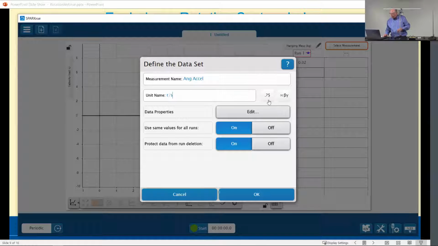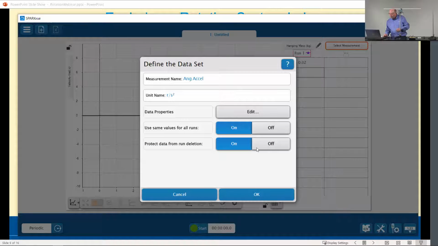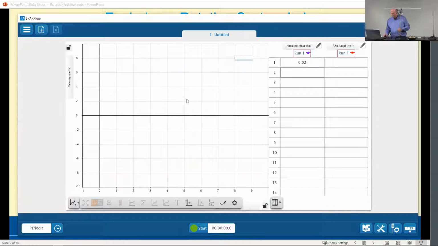And this is something I learned just recently. Over here, if I want to put squared, I select the little Greek letter icon and shift, and then I can get squared. Always learning new things here. Although per second, you could argue that's even a better thing. So let's see what that looks like.